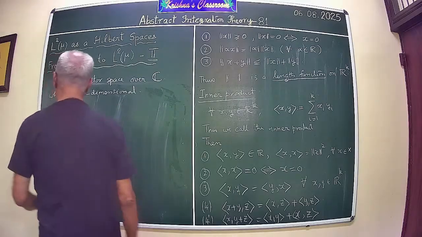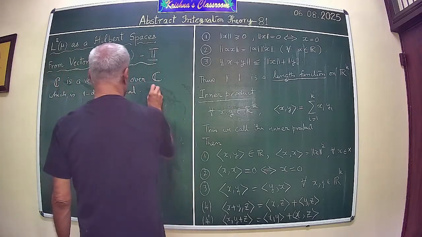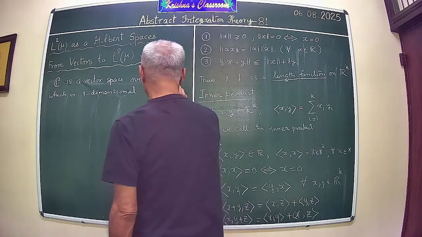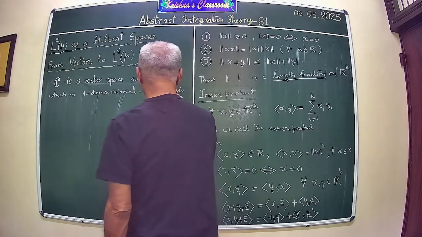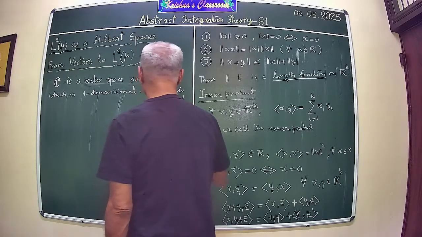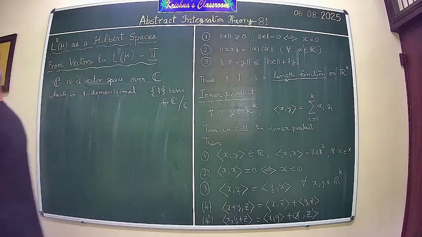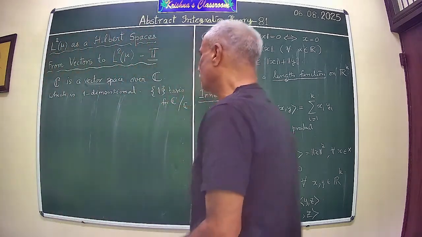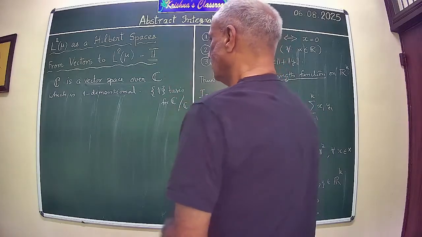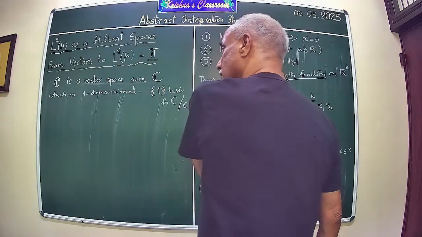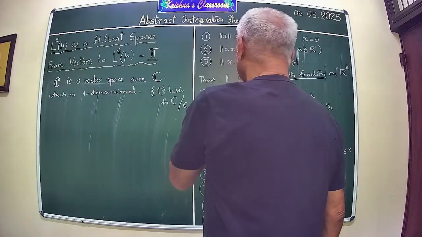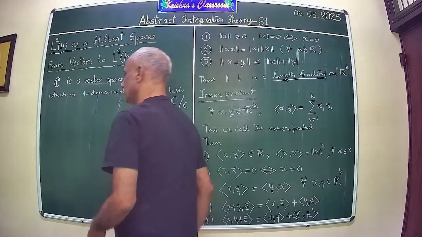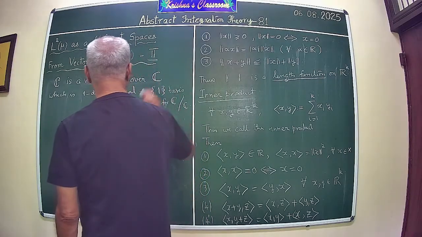For instance, just 1 is a basis for C over C. So it is a single element basis, therefore you call it one dimension. Every element of C is a scalar multiple of 1 by a complex number. So everything in C can be generated using 1 with the help of C.